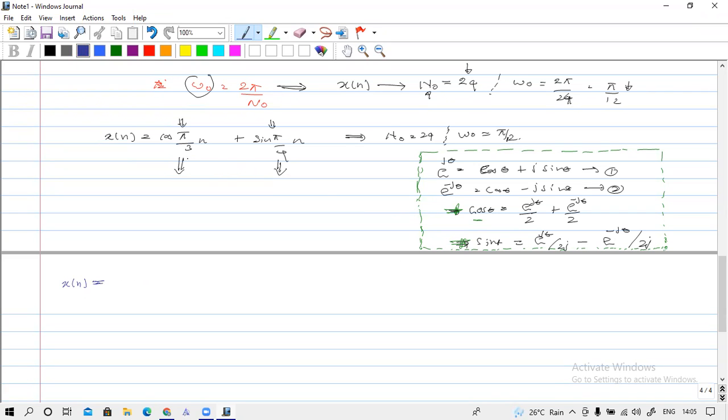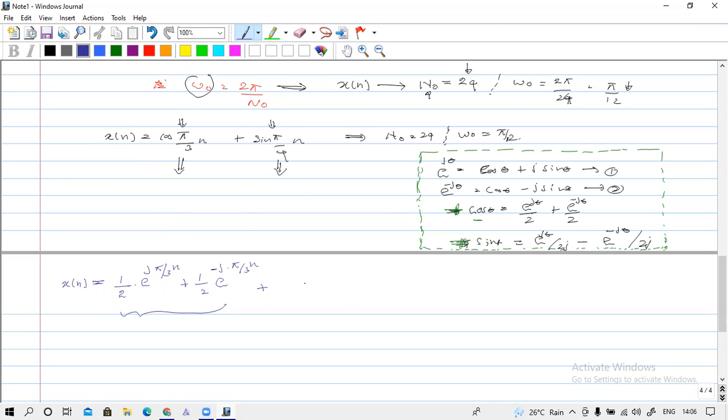Like here, cos(5π/3 n), I can write as 1 by 2 e^{j 5π/3 n} plus 1 by 2 e^{-j 5π/3 n}. That is the cosine term complete, and then I have to write the sine term in terms of these complex terms.